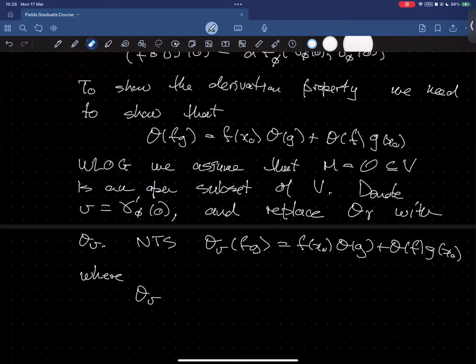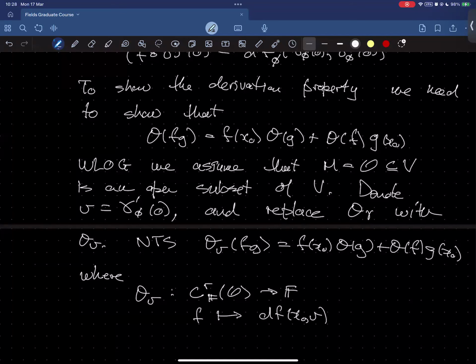So again, I'm replacing theta gamma with theta V. And so this is going to be a mapping from CRF of O into F. And it's going to send a function F to df of x naught V.